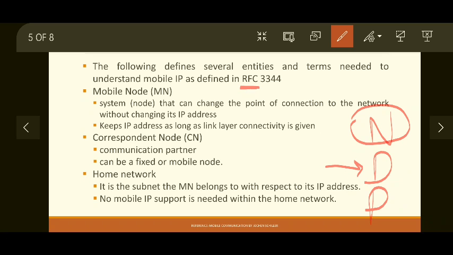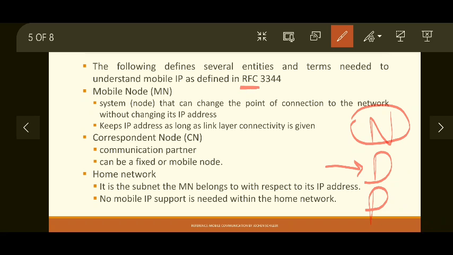Okay, then the second node in this communication will be the correspondent node, because communication is between two or more than two nodes. The second one will be a correspondent node, which can be a fixed node, that is a desktop computer, or it can be a mobile node also.